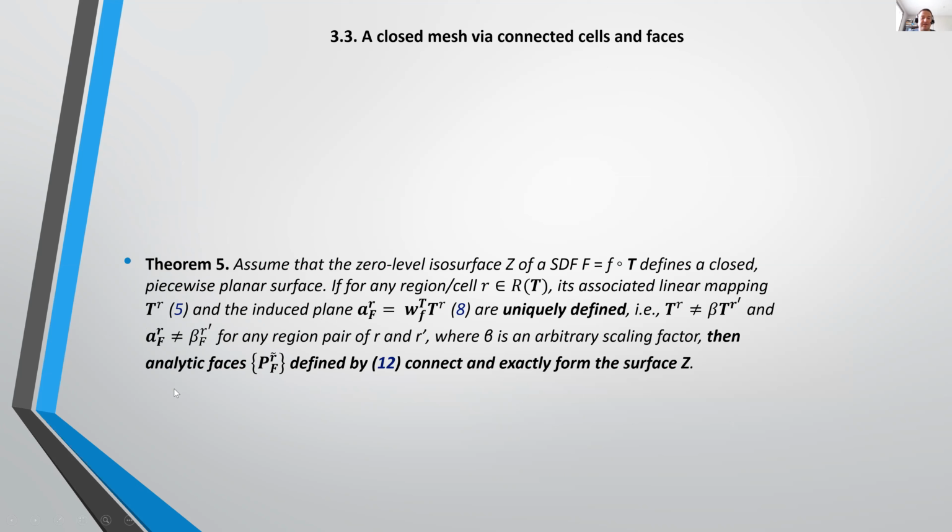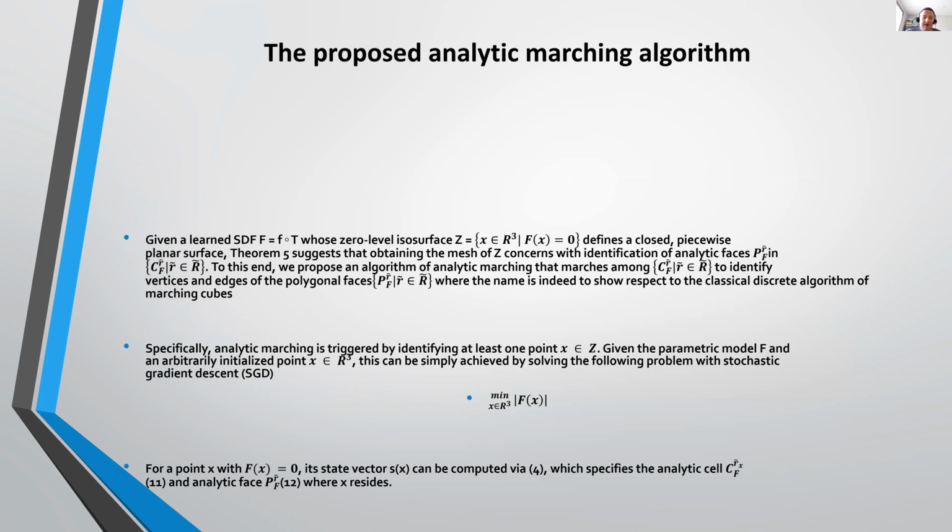Okay, basically theorem 5 tells you that if you satisfy all the previous relationships, then you'll be able to march along faces that will give you a surface. So basically you're trying to minimize the signed distance function.